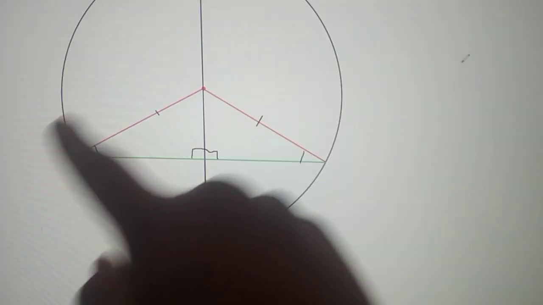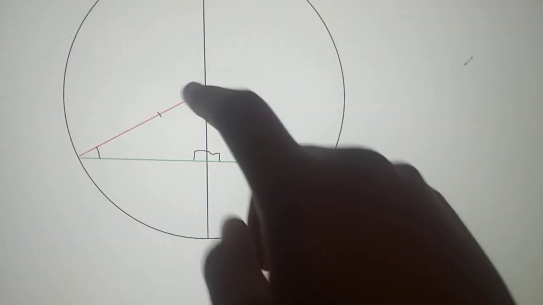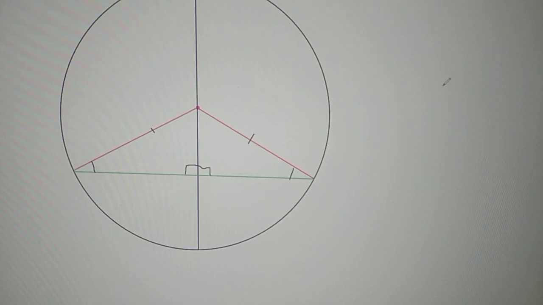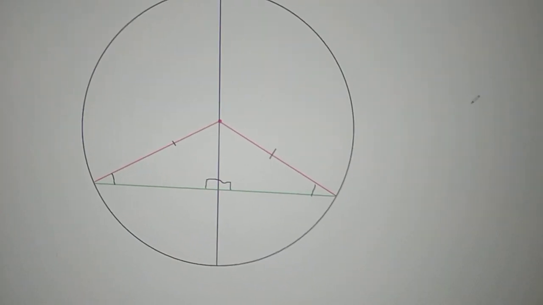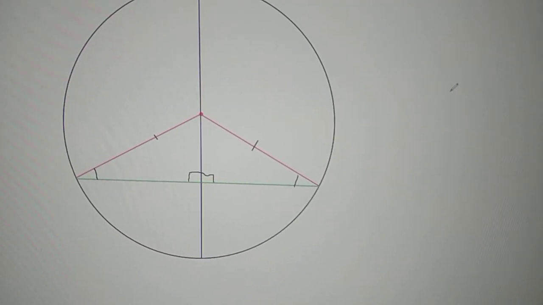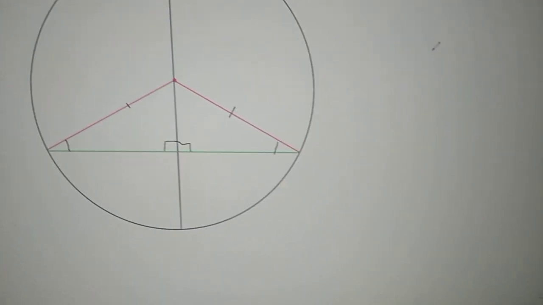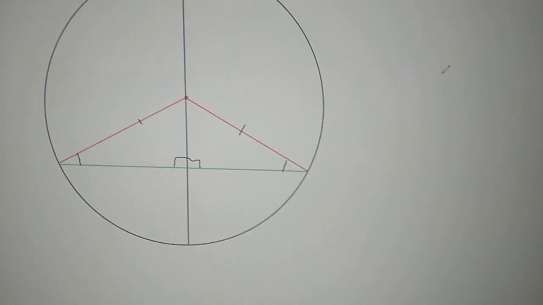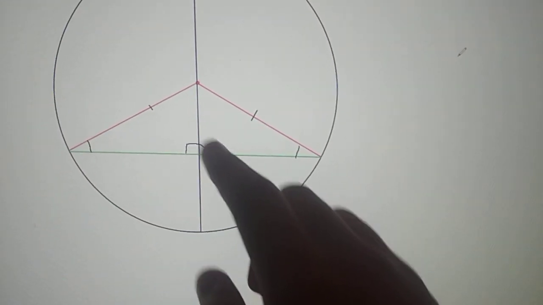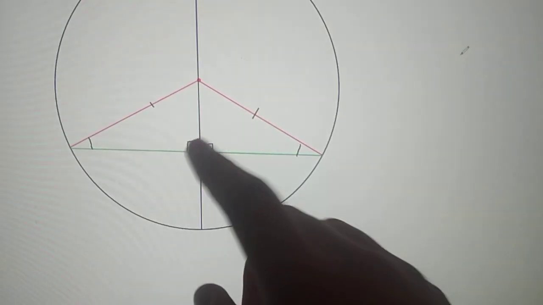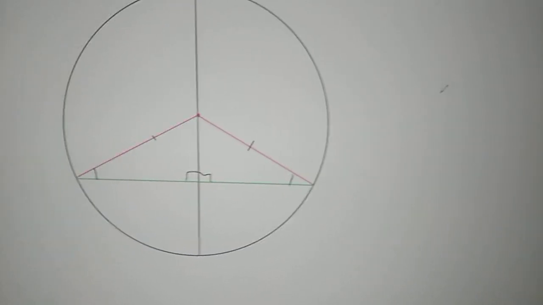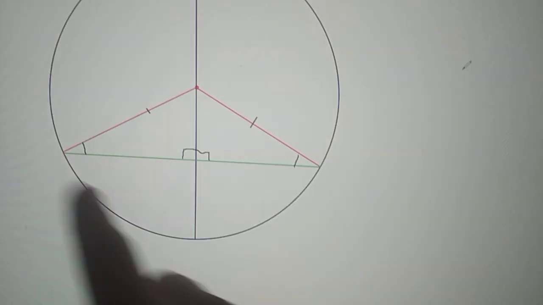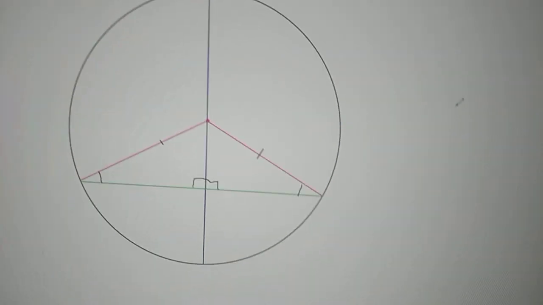If we have two triangles in which two angles are equal to two angles and a side equal to a side, the triangles are going to be equal. What do we have here? Two angles equal to two angles and the third side equal to side. So we have angle, angle, side. Whoa! Therefore, these two triangles are equal to each other.